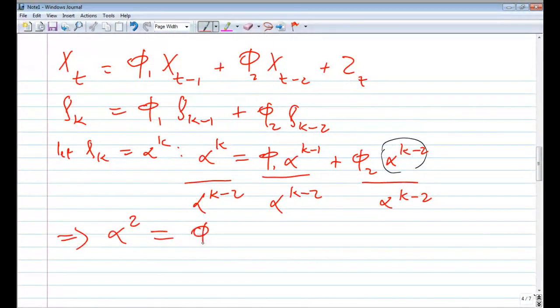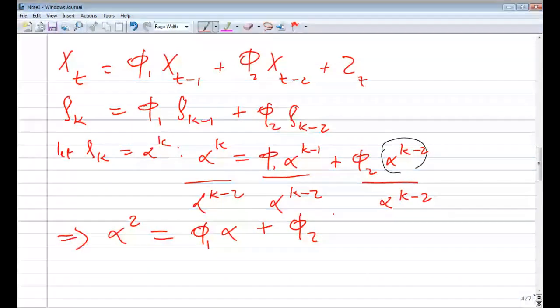Phi 1 alpha to the power k minus 1 divided by alpha to the power k minus 2 is phi 1 alpha. Plus phi 2 alpha to the power k minus 2 divided by alpha to the power k minus 2 is phi 2. So this is your equation now.